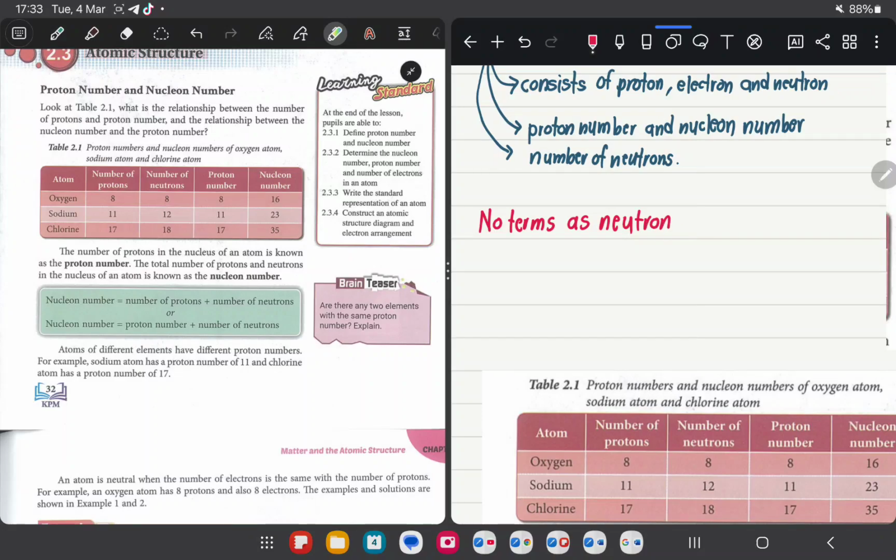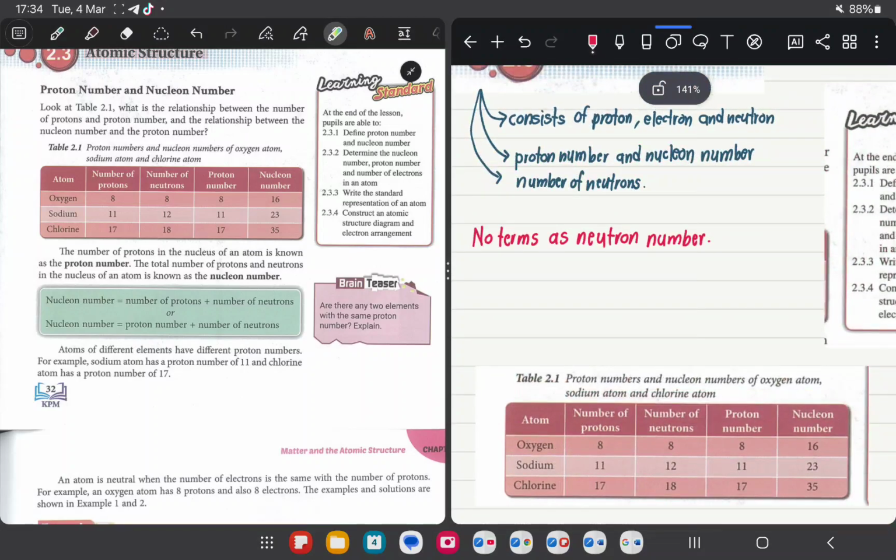Please don't say to me the neutron number is 6. Wrong. That is the number of neutrons. Maybe some of you say, oh teacher, that is just the same thing. No, in chemistry we consider they are different things. Number of neutrons and neutron number are really different. Please don't say they are the same.